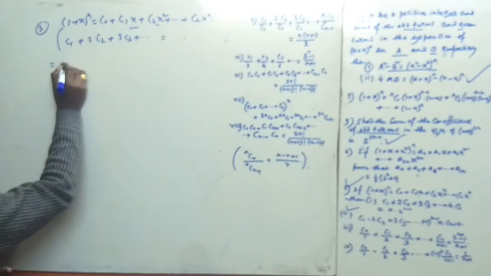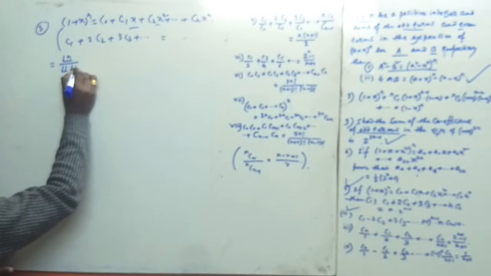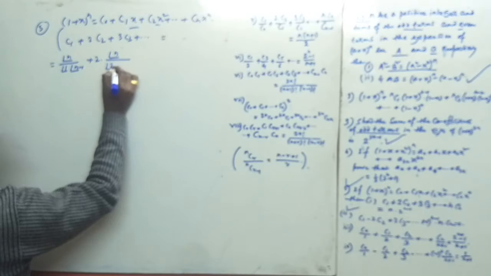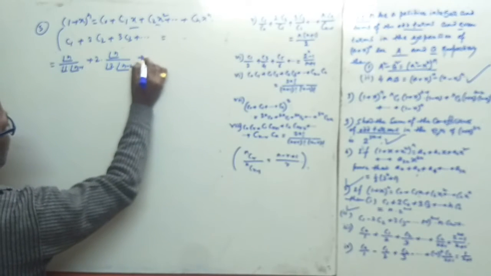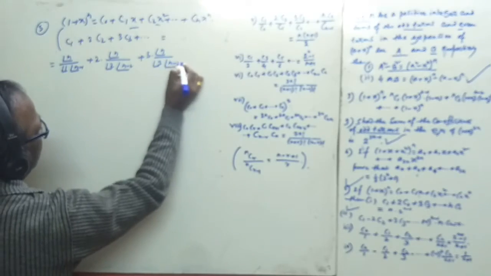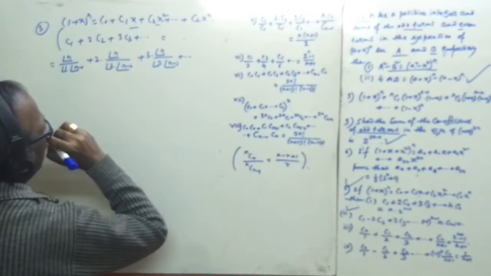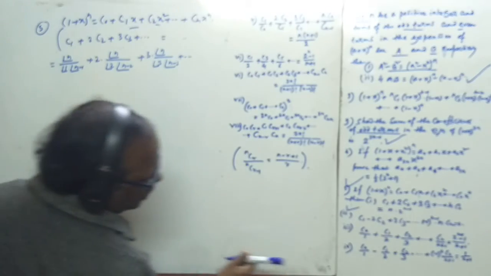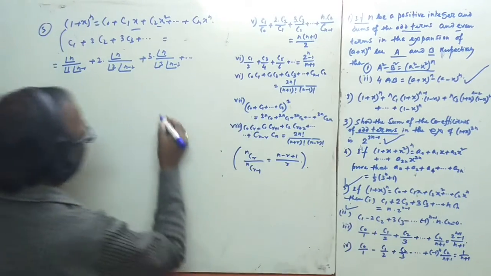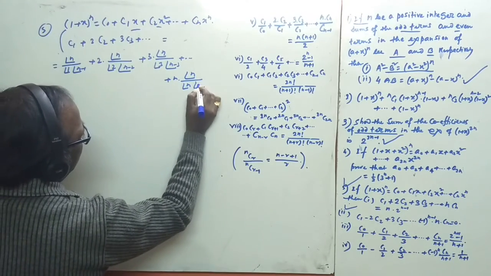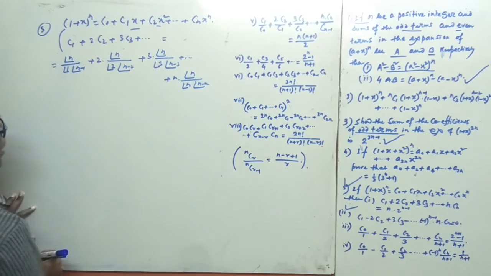That is equal to nC1, so that can be expressed as 1 into n!/((n-1)! 1!) + 2 into n!/(2!(n-2)!) + 3 into n!/(3!(n-3)!) and so on, and the ending term is n NCn, that is n into n!/(n!(n-n)!).